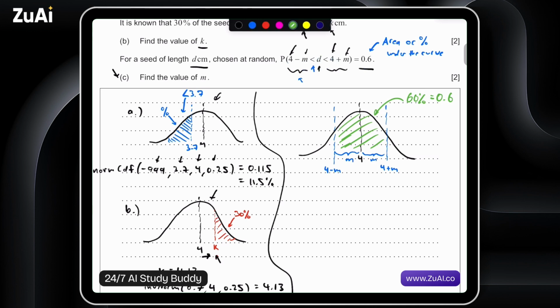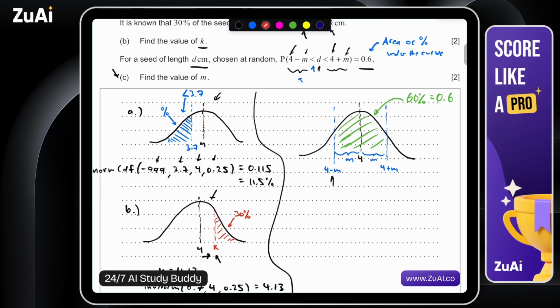Alright, so that's quite a bit, and to be honest, this sketch right here would be enough for 1 process mark. How do we find this out? We're looking for this cutoff point here, and so we can ask the calculator to sweep through a given range.